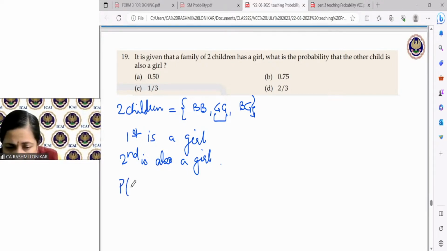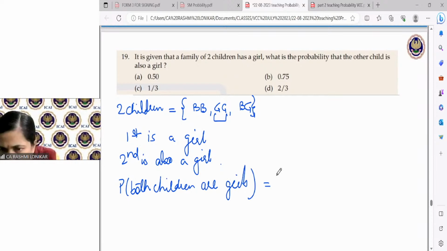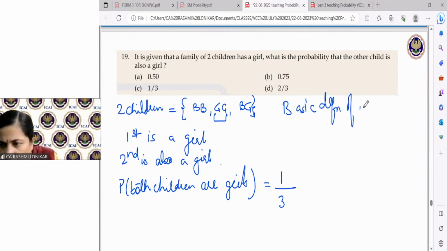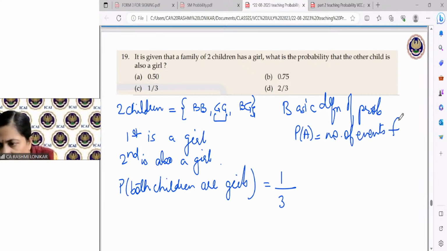So the probability that both children are girls is equal to 1 event upon 3. We are using the very basic definition of probability, where we say the probability of A is equal to the number of events favoring A upon the total number of events.